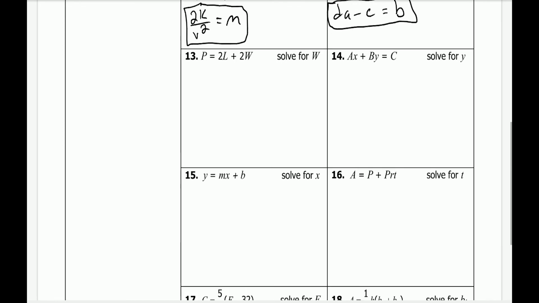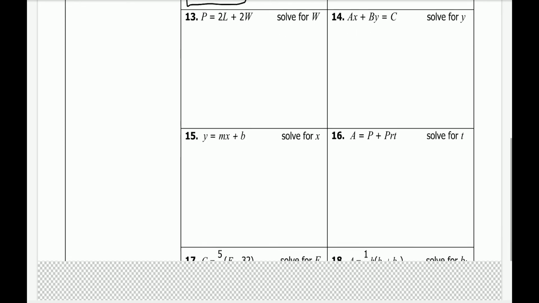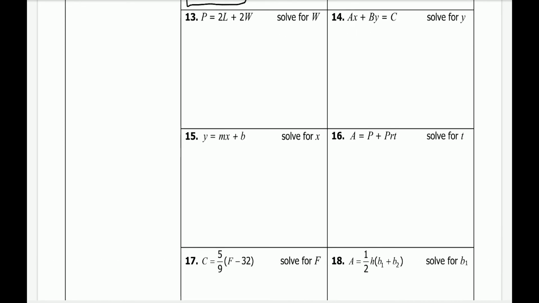Alright, let's look at number 13. 13 says P is equal to 2L plus 2W. In order to solve this one, we're having to solve for W. So let's try this. Alright, so we have P is equal to 2L plus 2W. We're solving for W. So the first thing we have to get rid of is this 2L.